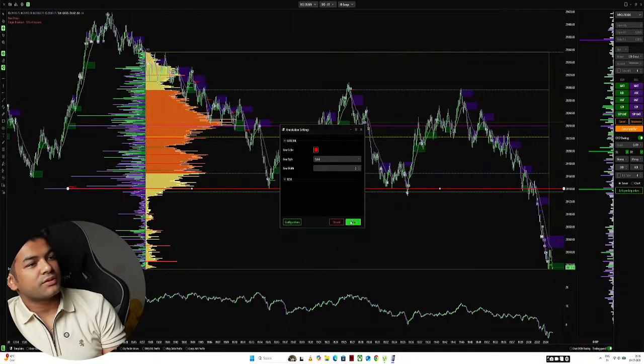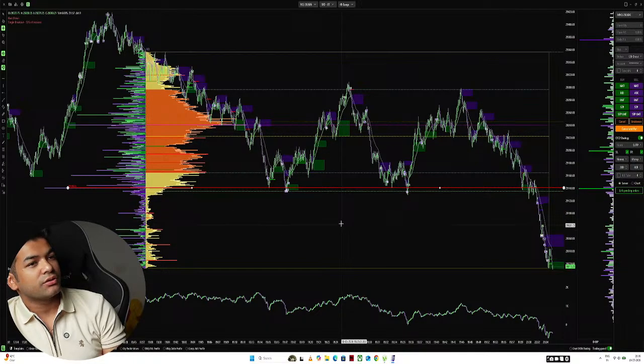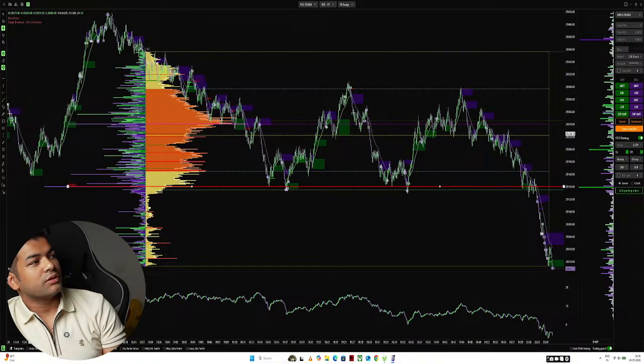This remains the biggest area where the sellers engaged. The first area to be this, and the second may be this one.